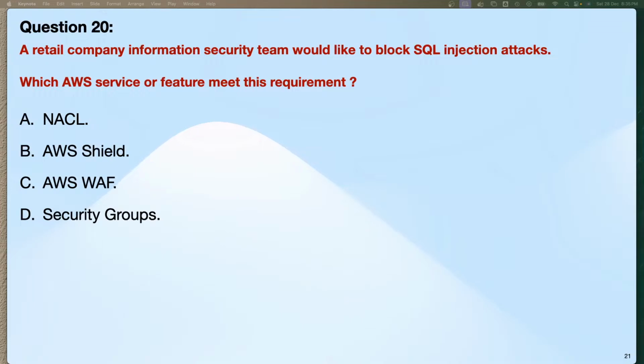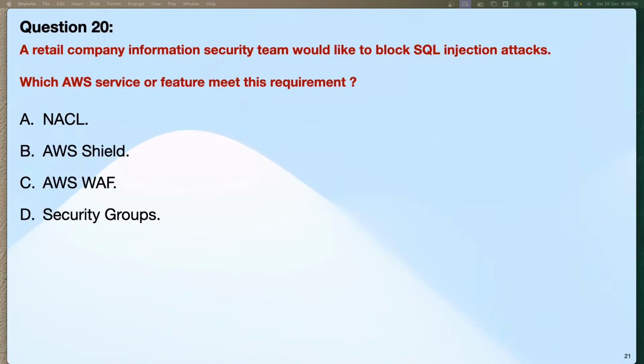You want to control the traffic going in and out, and Network Access Control Lists will help. So this is not meant for SQL injections or preventing hacking attacks or anything like that, right? AWS Shield, remember this is a very important service we discussed in our video. AWS Shield and Shield Advanced. AWS Shield is primarily meant for DDoS or brute force protection, right?